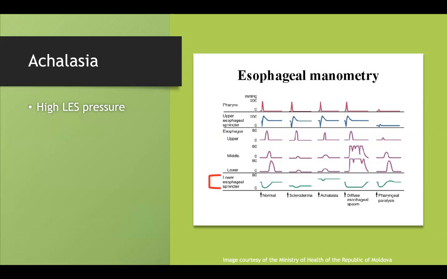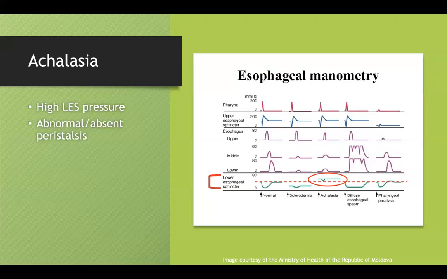So if we look here, this is talking about the LES tone. I drew in the dashed line what would be considered a normal tone, and in achalasia, you can see the tone is increased. I also want to point out that you can get absent peristalsis, because we also need our myenteric plexus neurons to help out with peristalsis.